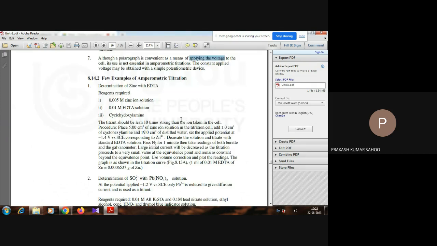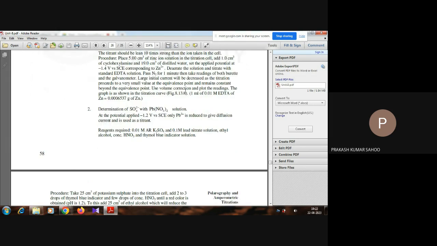So a few examples of amperometric titration: zinc ion. This is an example, zinc with EDTA. So we must have a chemical like 0.005 molar zinc and 0.01 molar EDTA, and so these are the steps of how to do the amperometric titration.